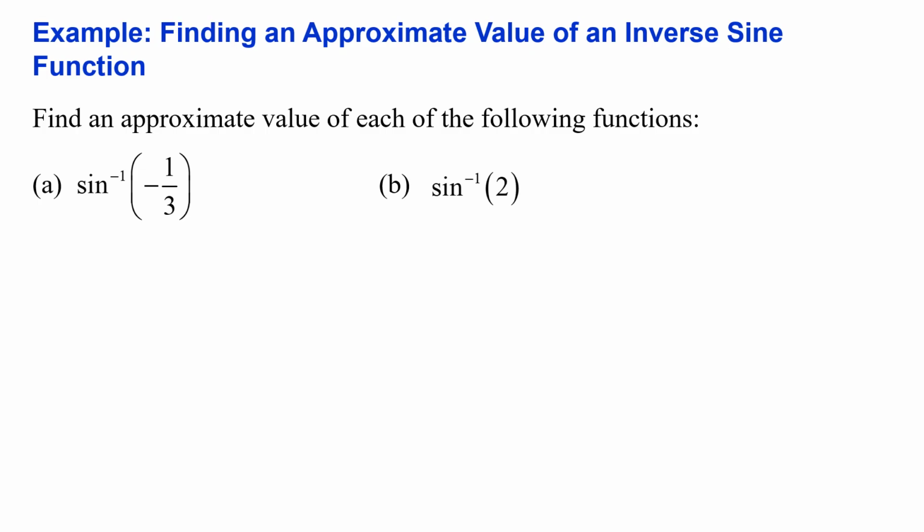In this example, we're finding an approximate value of an inverse sine function. And the problem states, find an approximate value of each of the following functions. Now part A is inverse sine of the quantity, negative 1/3. So we're going to take out our calculator here to get an approximation.